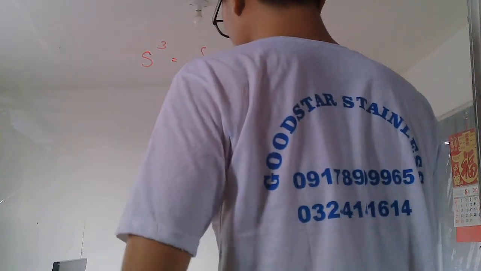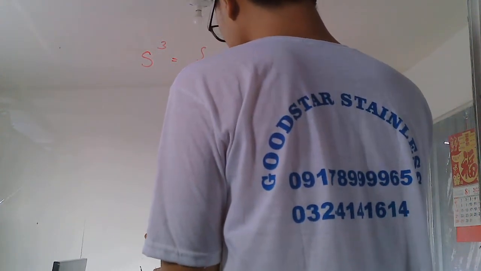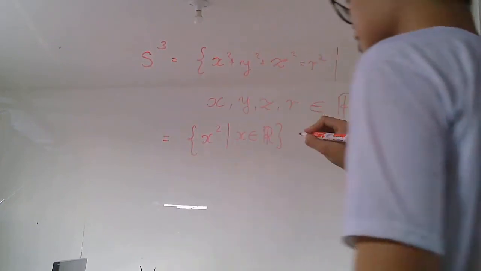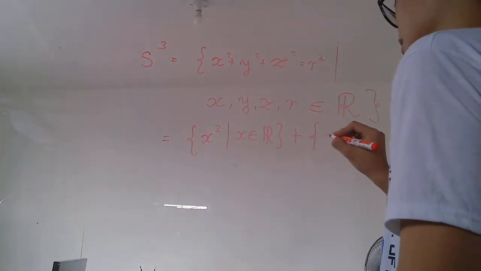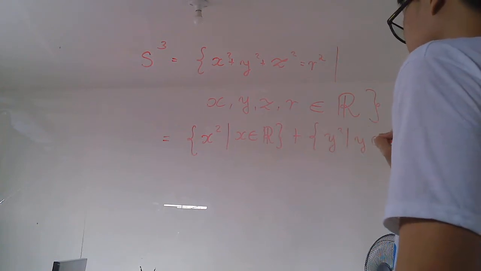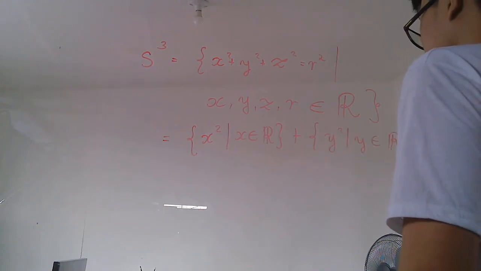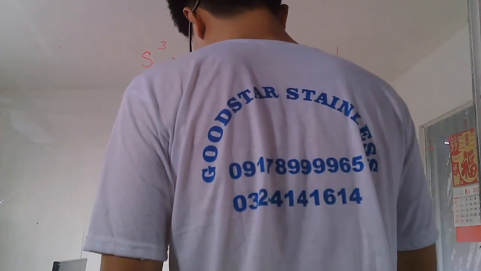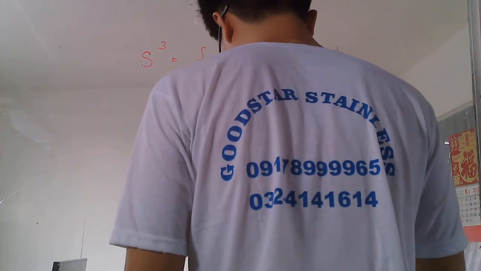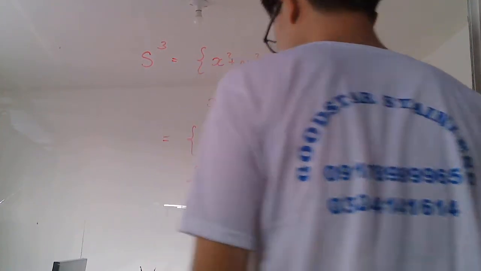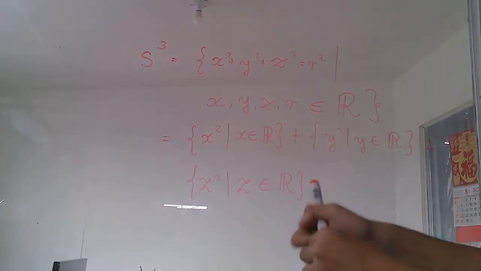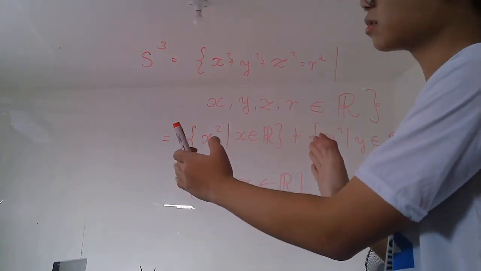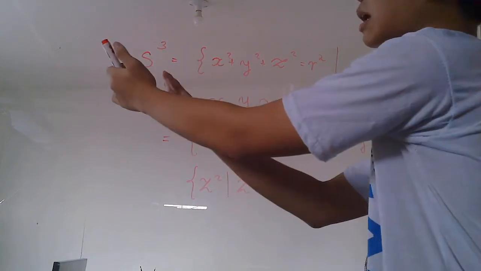So the union of x squared, such that x is inside R, plus y squared, such that y is part of the reals, plus z squared, such that z is an element of R. So now we can split them up into sums, and this is equivalent to this. So this is our chart, and then this is our atlas that describes this.